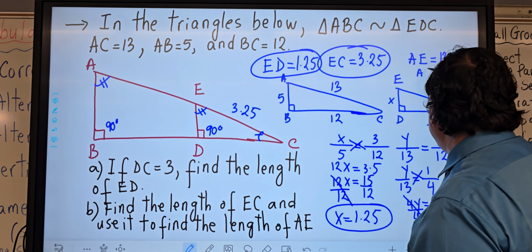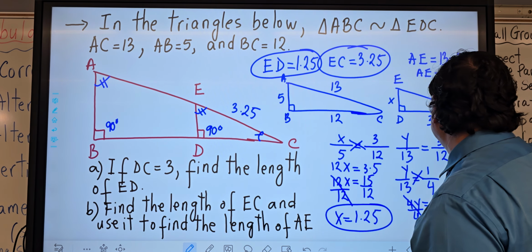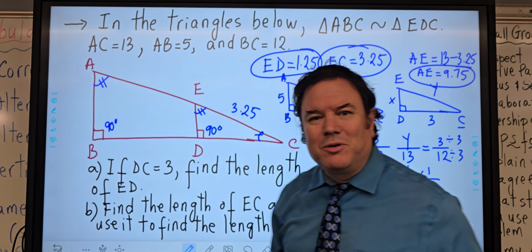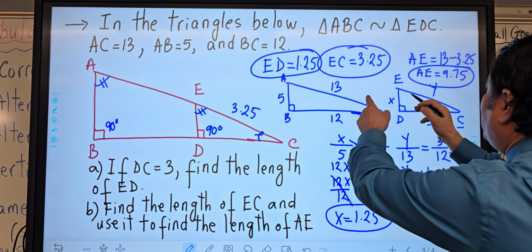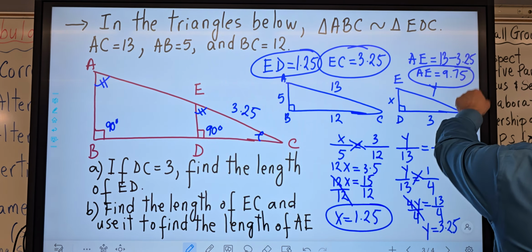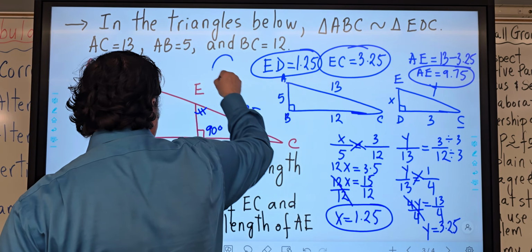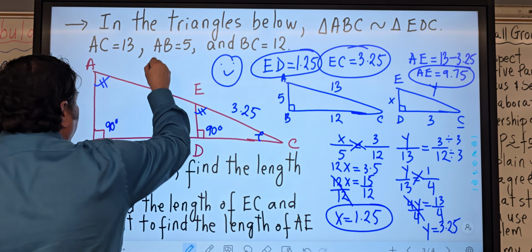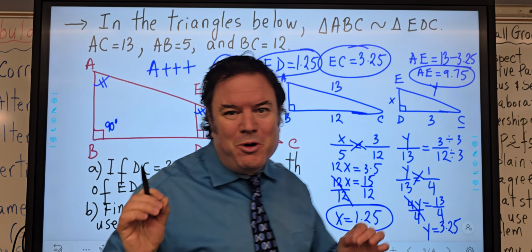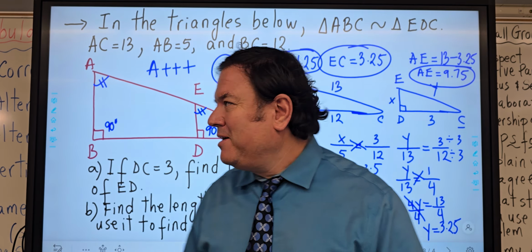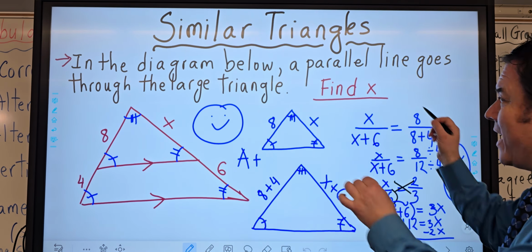So AE equals 9.75. I hope you're able to get all these answers. ED 1.25, EC 3.25, and AE 9.75. If you did that, you got the same answer. You'll get a happy face again and an A plus now. Because you are a pro of solving these problems using similar triangles.